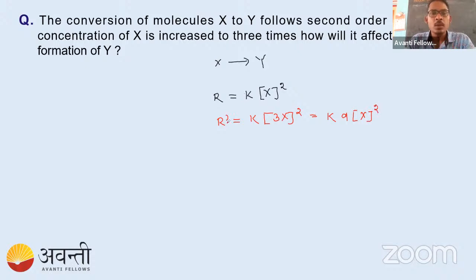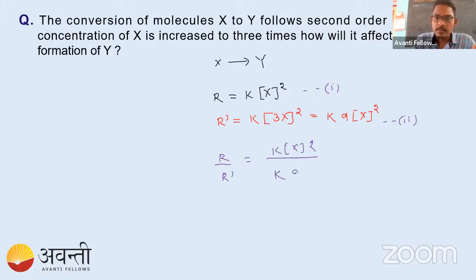So what we do is divide them so that the same term will cancel out and we get the relation between r and r prime. Let this be equation 1 and this equation 2. If we divide, we get r divided by r prime equal to k x squared by k times 9 x square. The same terms cancel out and you get 1 by 9.